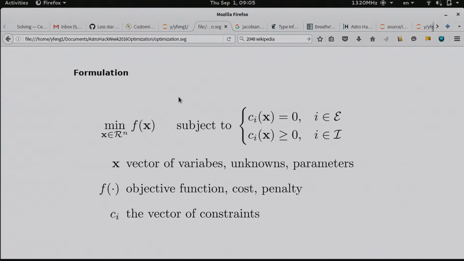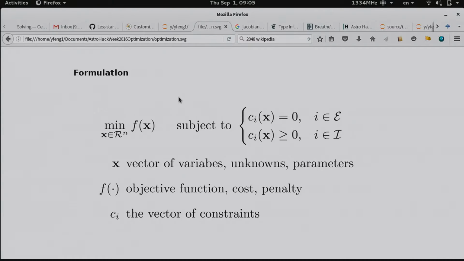We want to minimize the objective function f on the domain Rn, subject to a set of constraints. There are two types of constraints. Type 1 is Ci equals 0, which selects a subspace from the space where we are solving for the minimizer.